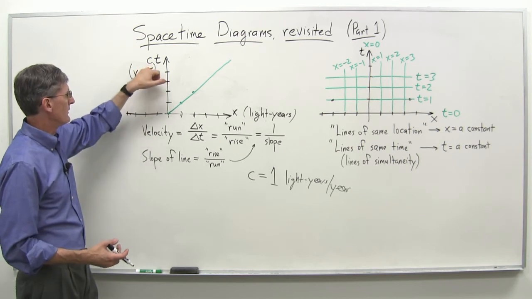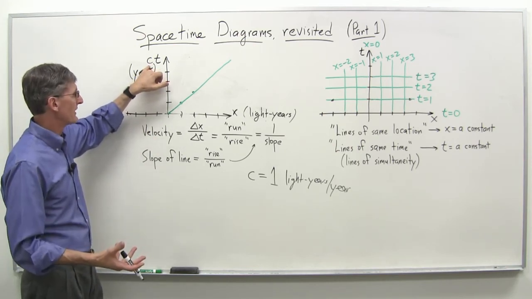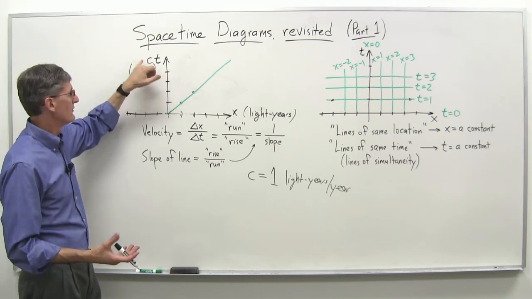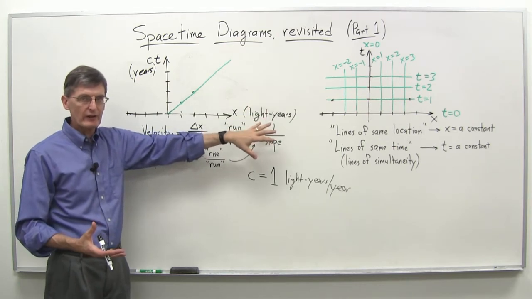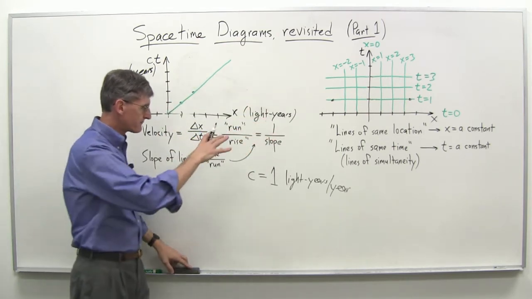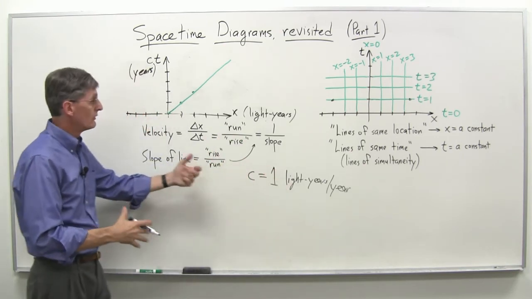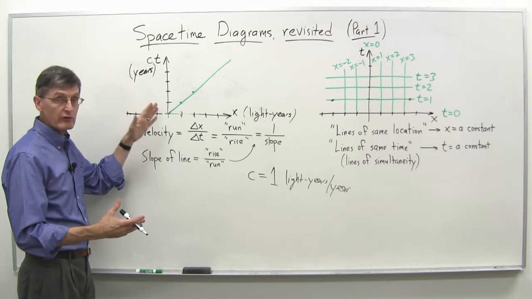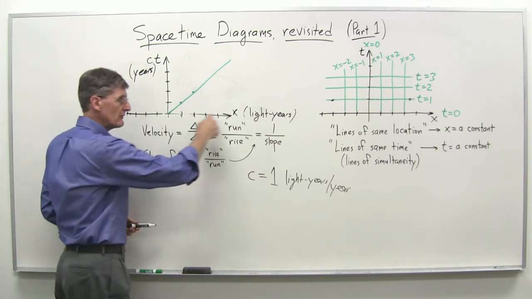Because if c is 300 million meters per second and time is in seconds, you put meters, x in the same units as well, and you essentially get the same idea here. So, just a reminder, we're going to take c as 1 light year per year typically, and that means the slope of our beam of light, remember, it's along the x-axis.